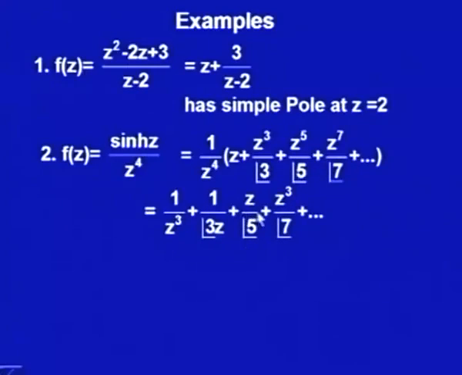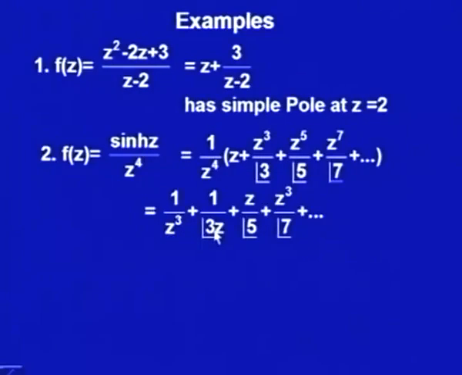Now, these terms are your terms of the summation a n times (z minus z naught) to the power n, and here is the principal part. So, the principal part contains 2 terms here, but you see it is not only the 2 terms.